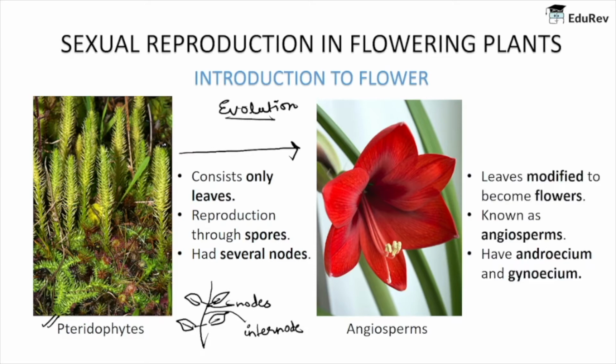Now, these angiosperms have androecium and gynoecium as a unique feature. What are androecium and gynoecium? That we are going to study in detail further in this topic. For now, we see that the androecium in a flower has the male gametes in it.